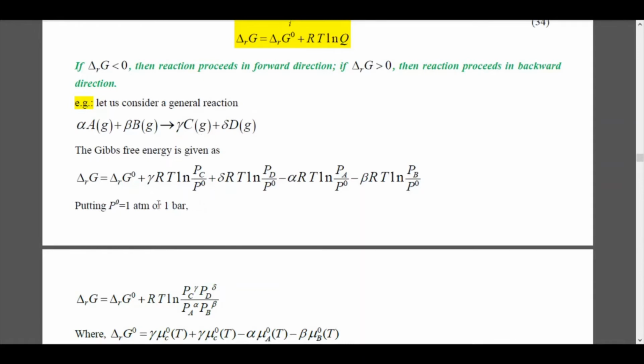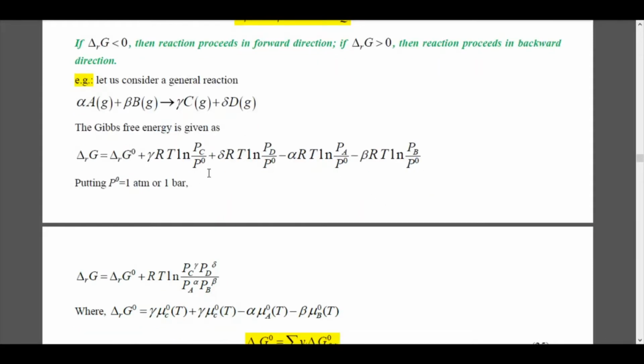So I do that by gamma RT ln Pc by P0, delta RT ln Pd by P0. These two terms are for products, minus alpha RT ln Pa by P0 minus beta RT ln Pb by P0.